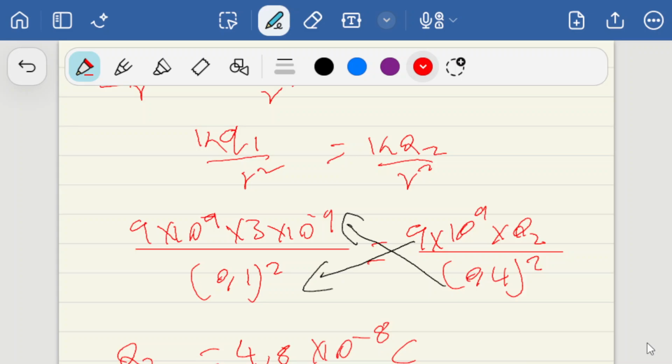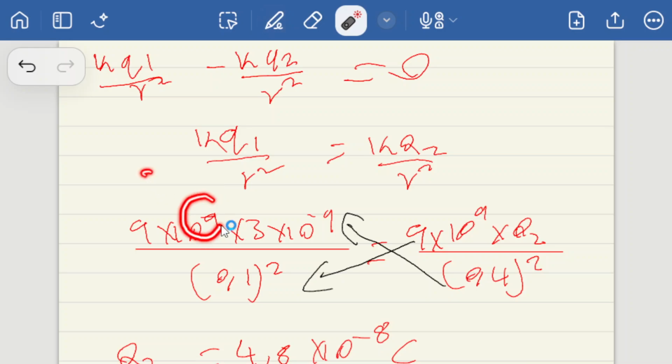Why are we not getting the same negative 8 on your Q2, your final answer? You got to the power negative 8, I got to the power 10. So positive 10. I don't know what I did wrong. Let's look. This is positive 9, and then this is negative 9.